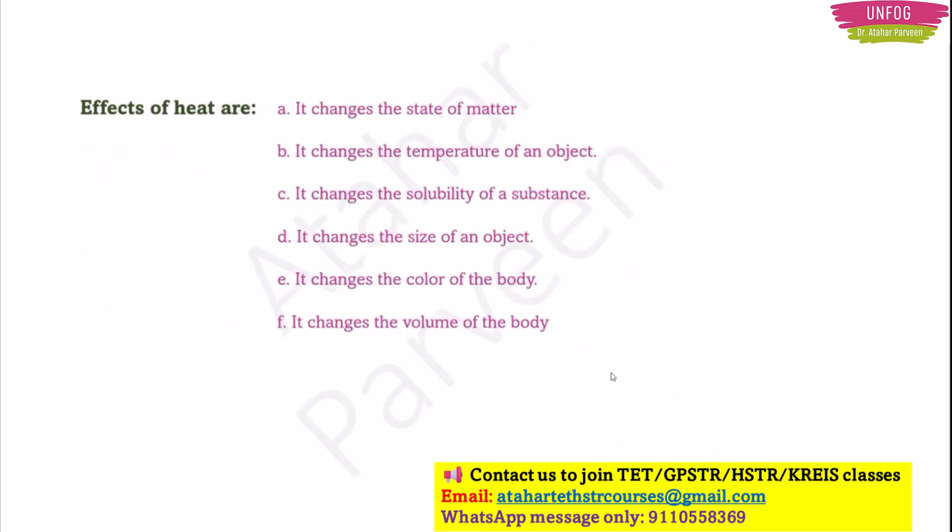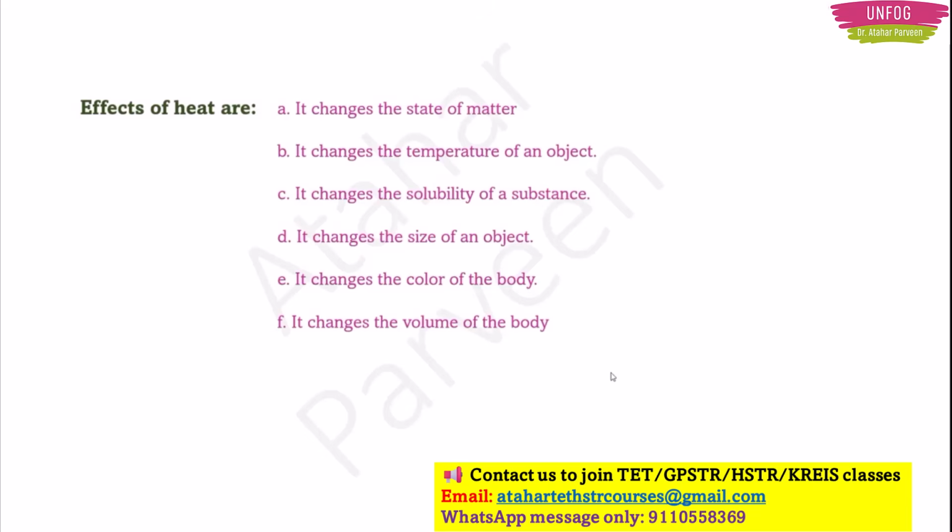Now let's see what are the effects of heat on an object. Effects of heat means what does heat do to an object. For example, it can change the state of matter. If you boil some water, maybe that water will get evaporated and converted into gas also. So here there is a change of state of this matter.